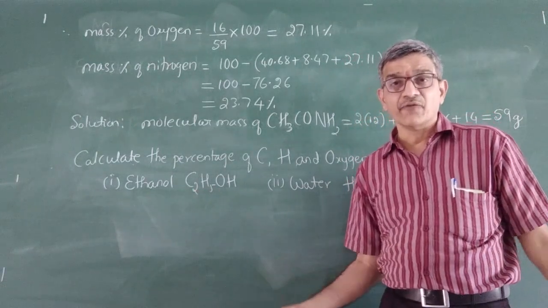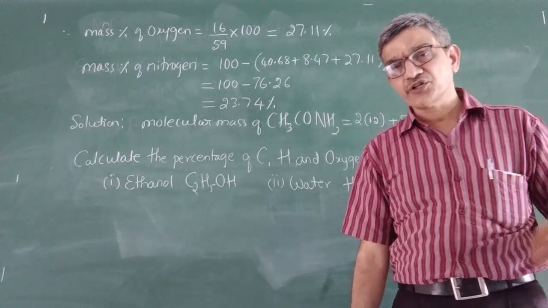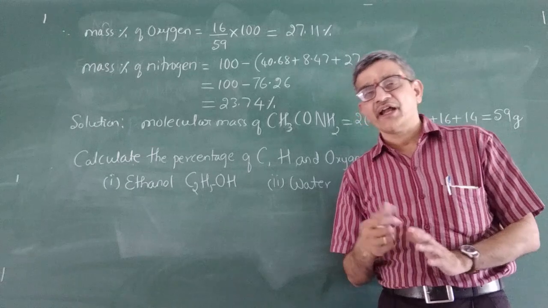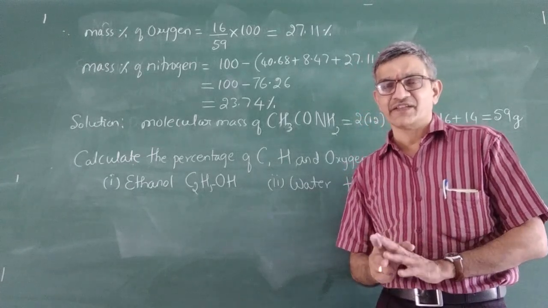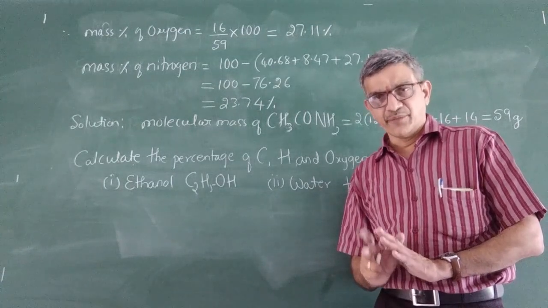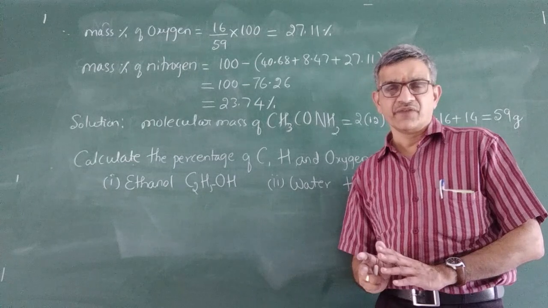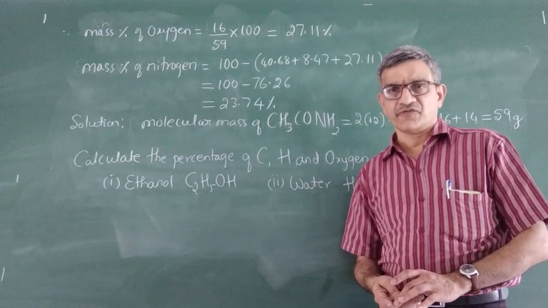That is what we are going to study next. That is nothing but the calculation of empirical formula and molecular formula, a very important concept normally asked in exams, often for 5 marks or 4 marks.